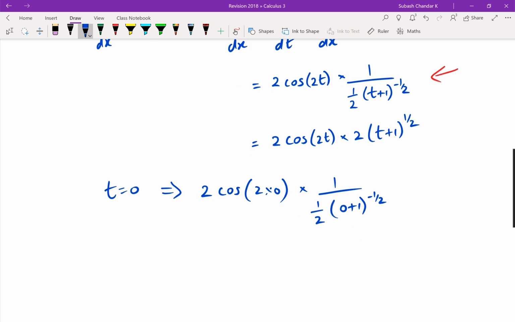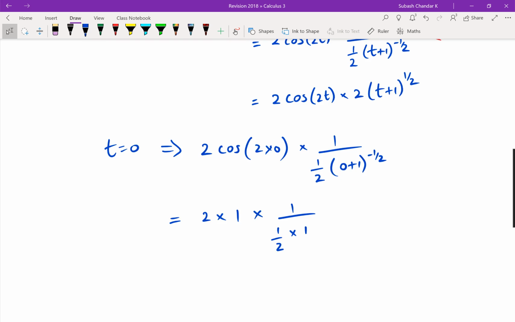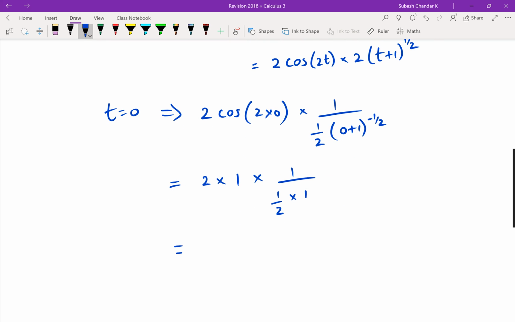I don't think you actually need to use the calculator, because cos of 0 is just 1, and then you've got 1 over half. 1 to the power of negative half is just going to be 1. Okay, so this answer ends up being 2 times 1 times 1 over half, which equals 4.